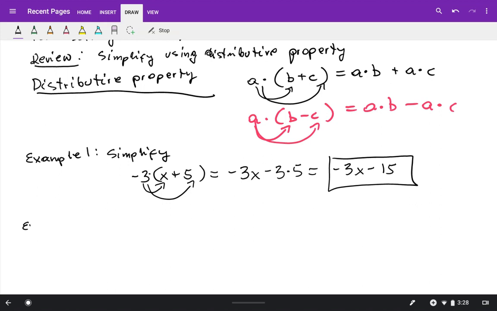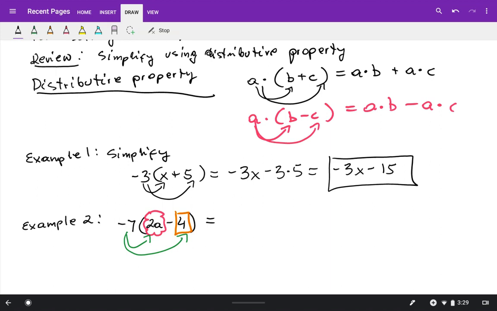Example 2. We have negative 7 times (2a minus 4). First of all, 2a you treat as one expression, and of course 4 is the second expression. So we're going to multiply negative 7 by 2a and negative 7 by negative 4, because when you have a whole number, you always take the sign which is in front of the number.